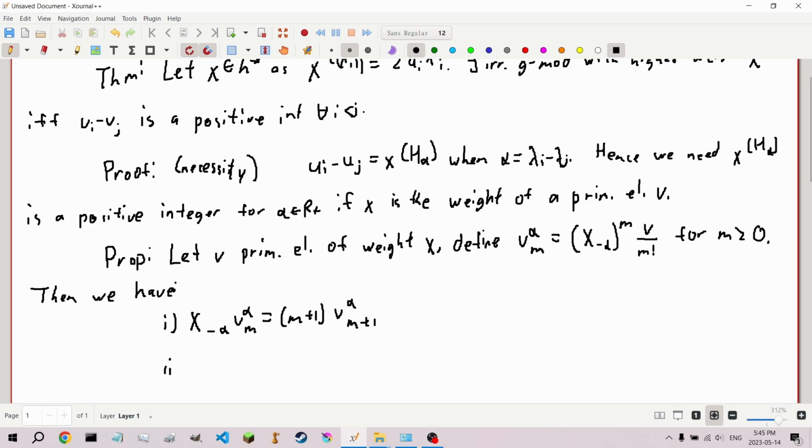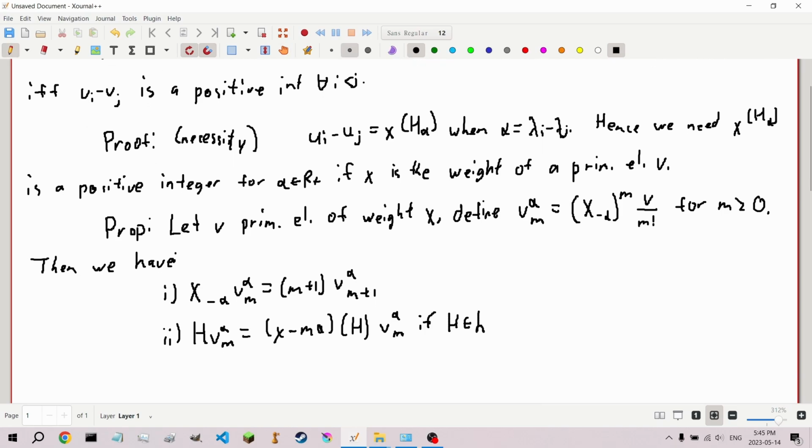Condition 2 is that h V_alpha,m is equal to (chi minus m alpha) of h times V_alpha,m if h is in our diagonals.